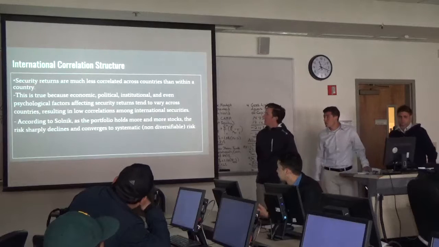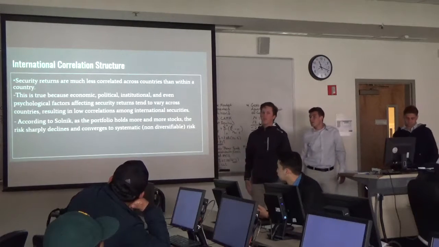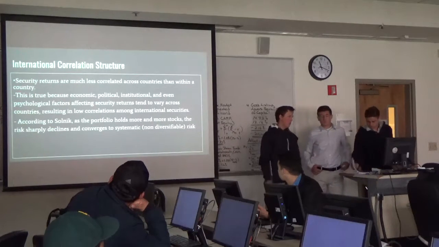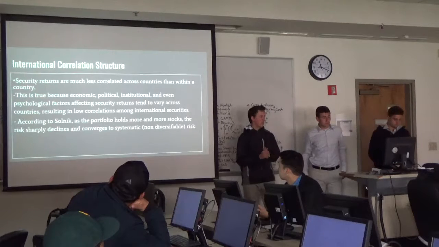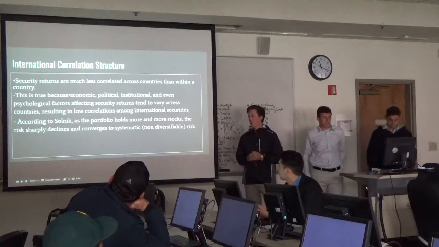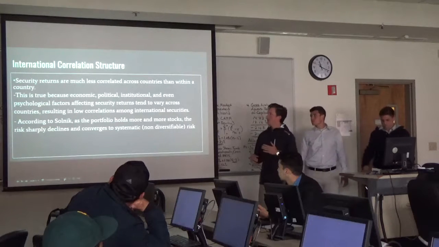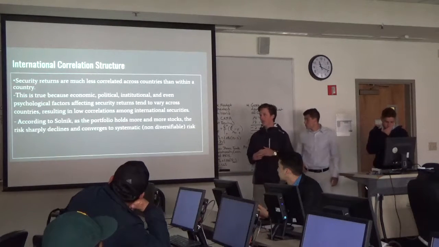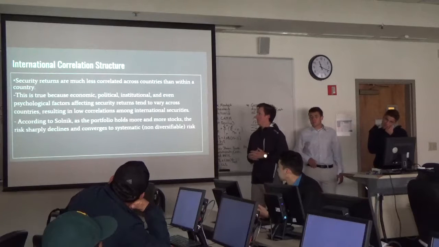Okay, and then looking at the international correlation structure, Cheryl and Resnick in the textbook talk about superior returns. You want to look at the countries that have less correlation to hedge off risk in the portfolio.